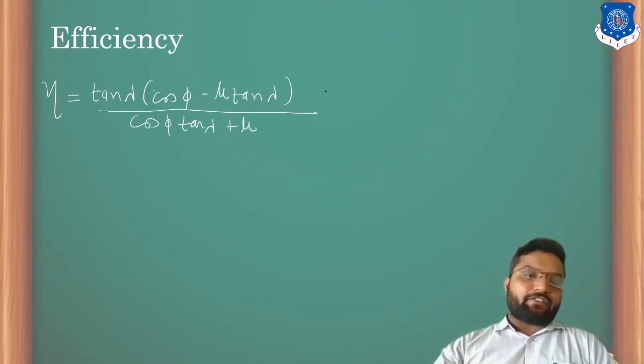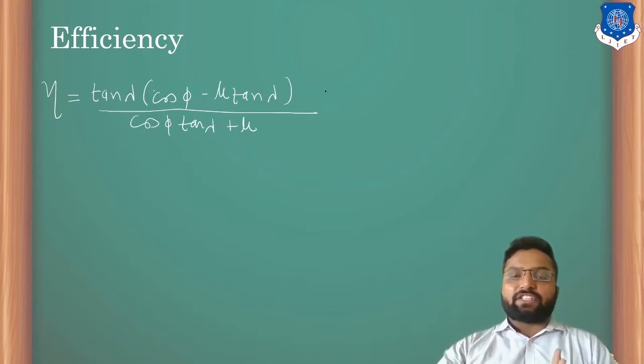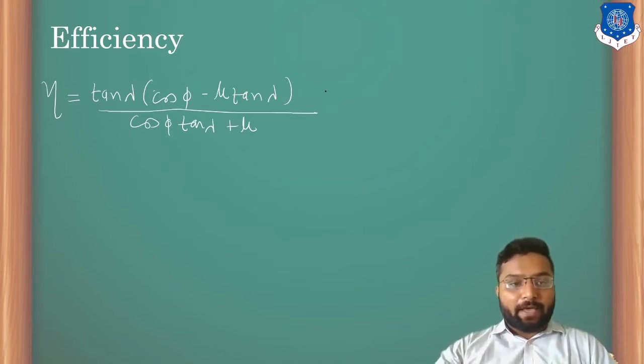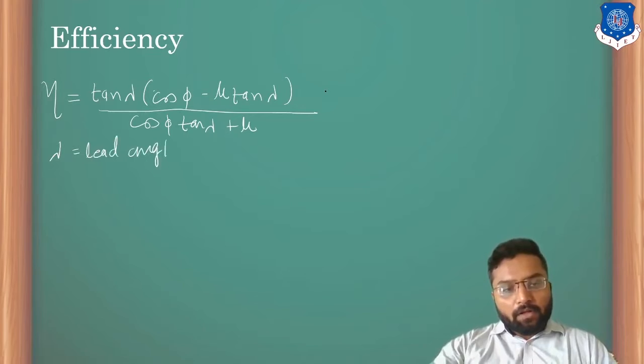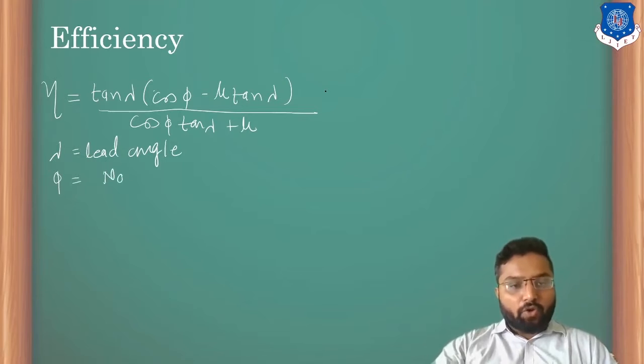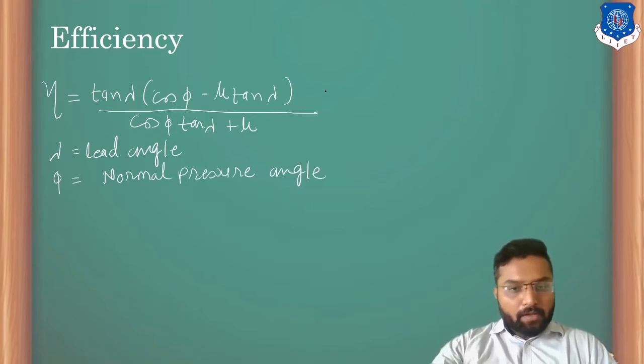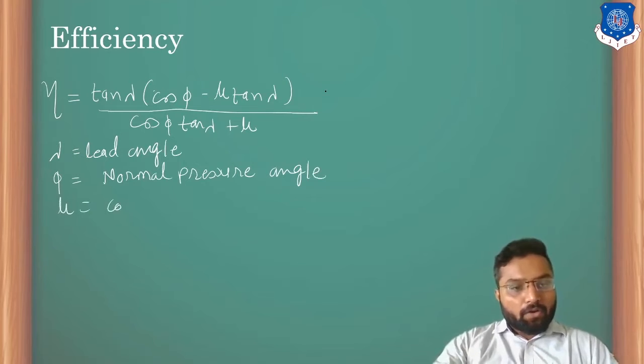Here you can see this efficiency equation mainly depends on the lead angle lambda, the normal angle made by the teeth, phi, which is the normal or pressure angle, and mu, which is the coefficient of friction.